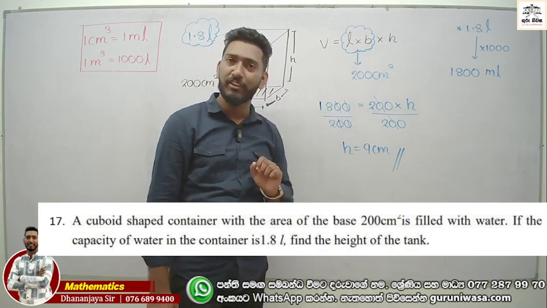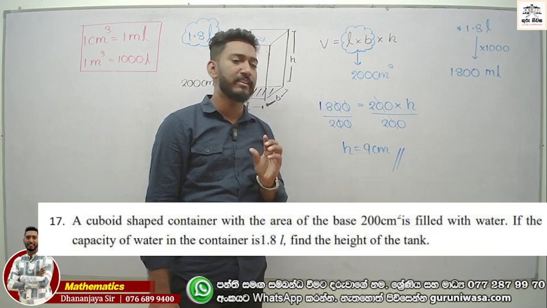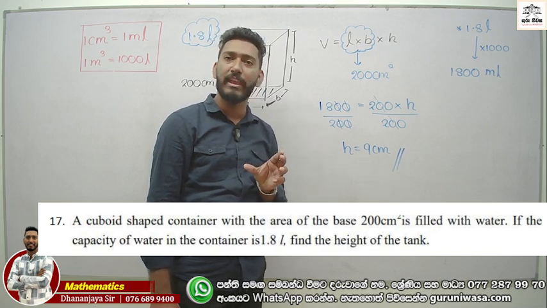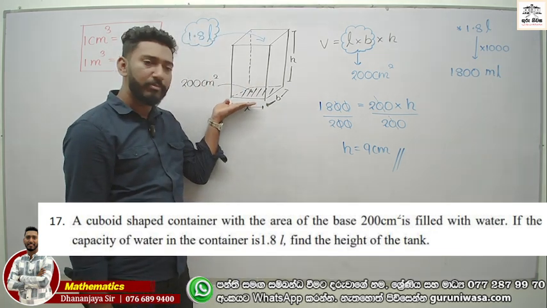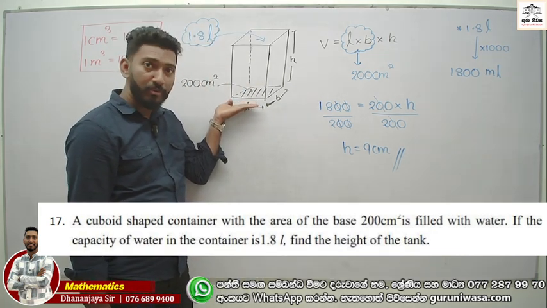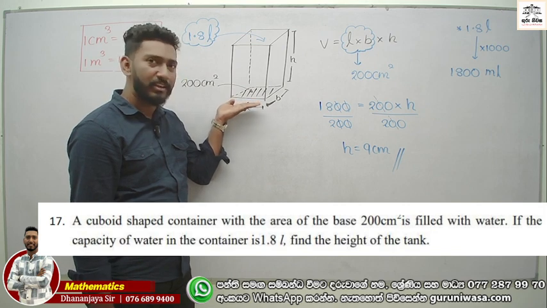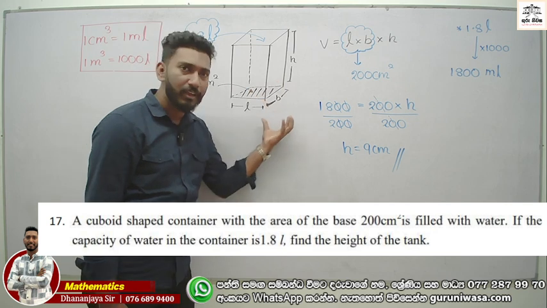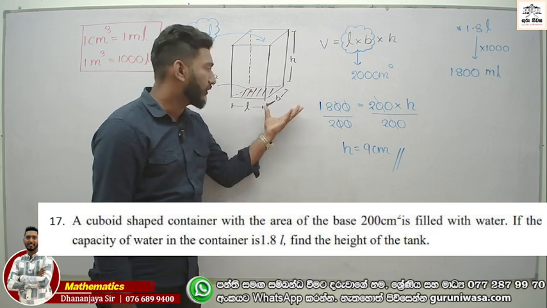Now, the question is a cuboid shaped container with the area of the base. Now look, the area of the base is here. The base area can be length into breadth, because this is a rectangle.